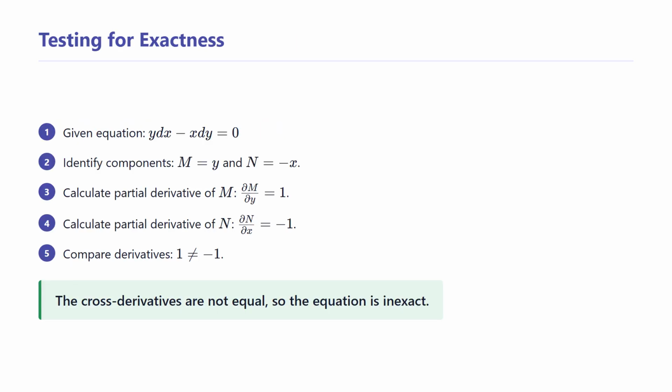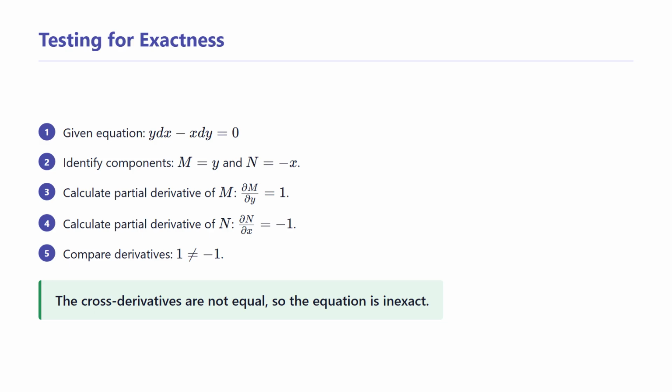First, we must prove that the equation is indeed inexact. We identify M as y and N as negative x. We take the partial derivative of M with respect to y, which gives positive 1. Then we take the partial derivative of N with respect to x, which gives negative 1.